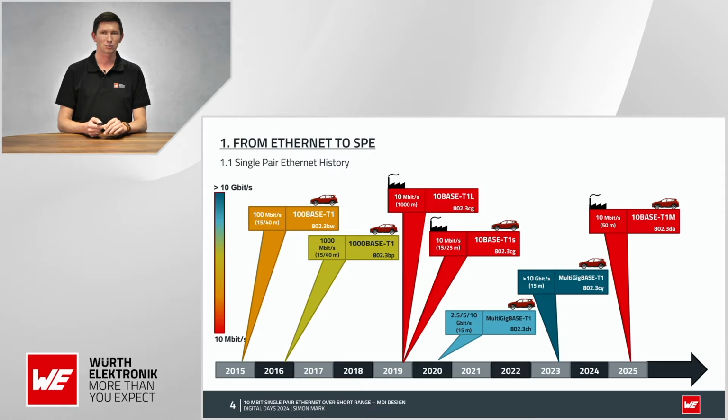In this case, we can reach up to 50 meters, lots of multi-drops, and also power delivery. This is the idea for 10BASE-T1M. And at the end of 2025, the idea is also to finish 100BASE-T1 over longer range, like 500 meters or in this range, hopefully a little bit more.